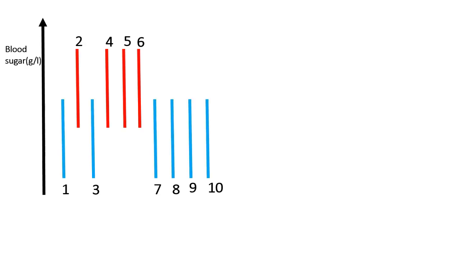Now, to demonstrate this, let's assume we have the blood glucose level in grams per liter, and the vertical lines that you are seeing represent the range of each subject.